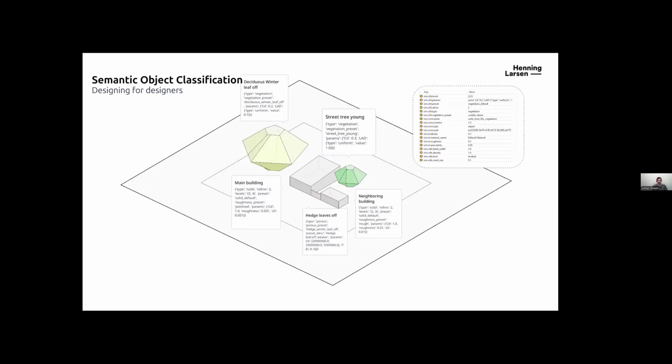The first part is semantic, or these object attributes. I'm going to mostly talk about the CFD context for now. So you can assign different values to different parts of the buildings.